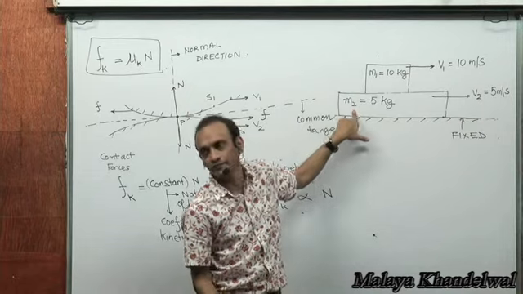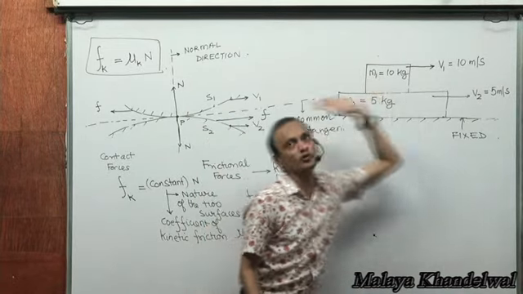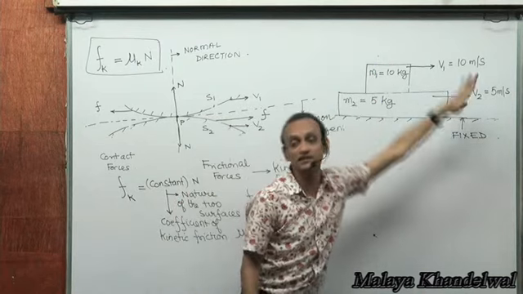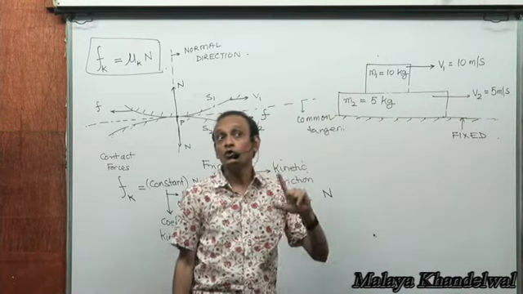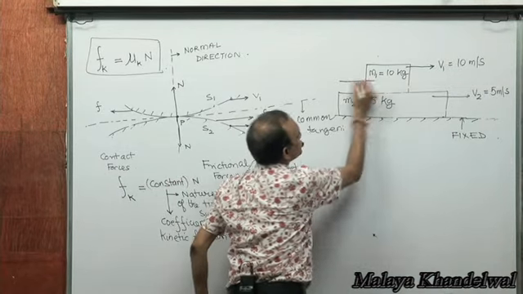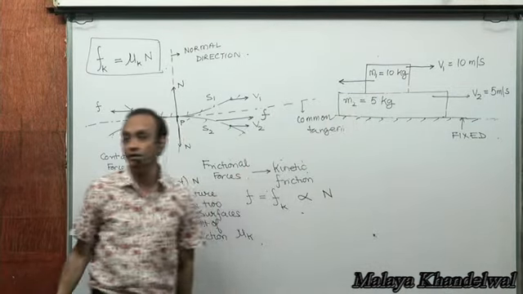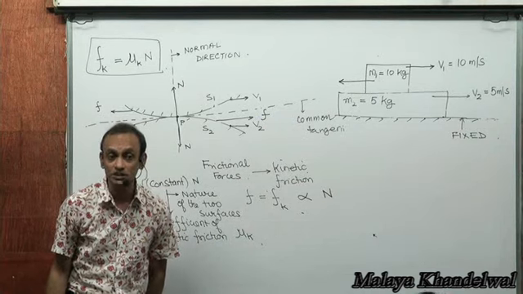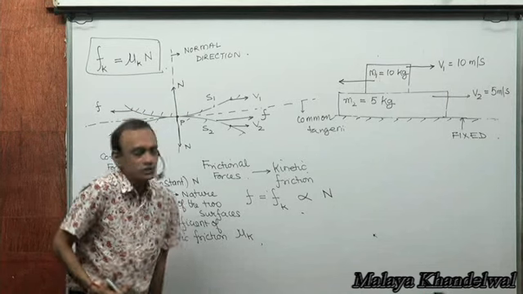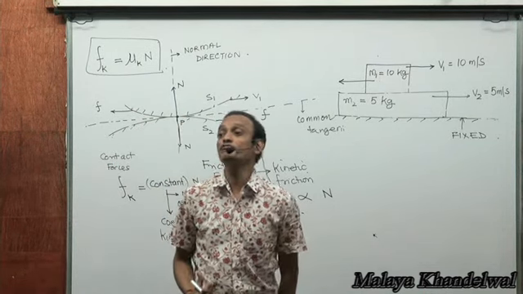If you're sitting on m2, m1 would seem to be moving to the right because m1 is moving faster. So m2 will exert on m1 a frictional force in this direction, opposing relative motion. And what would be the nature of friction?